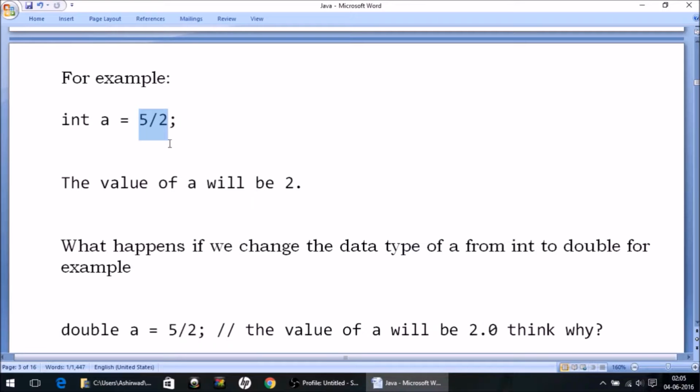What really happens is, 5 is an integer number, 2 is another integer number, and when an integer number is divided by another integer number, the result is always an integer number. Always remember this. So what we are getting here is 2, not 2.5.